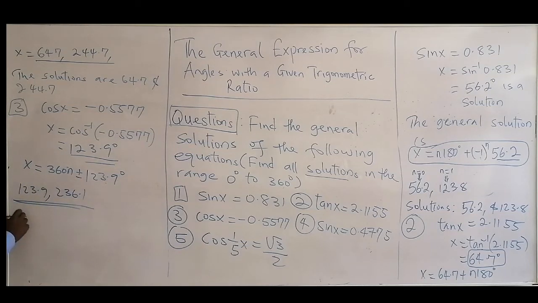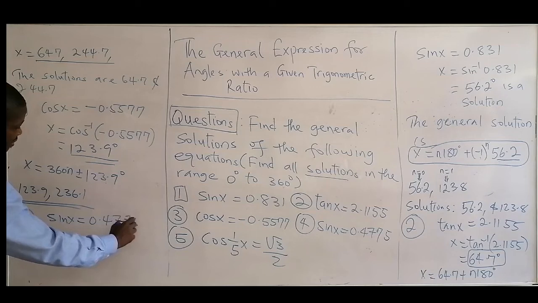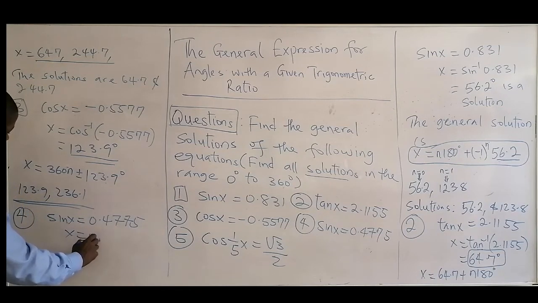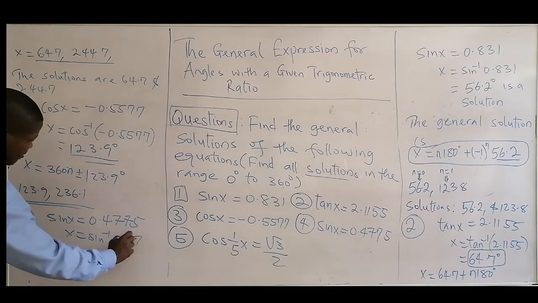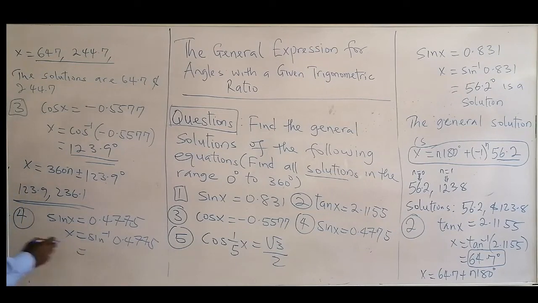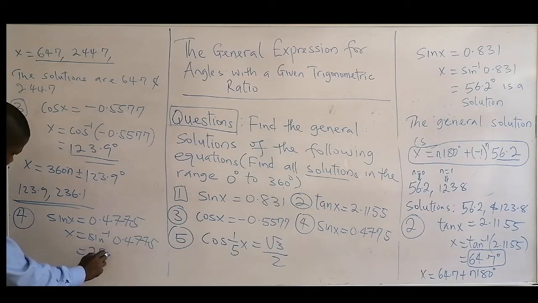Okay, the fourth one, we have sine x equal to 0.4775. X is equal to arcsin 0.4775. So that's giving us 28.5 degrees.